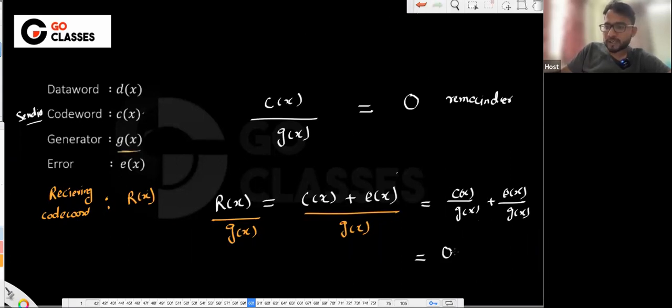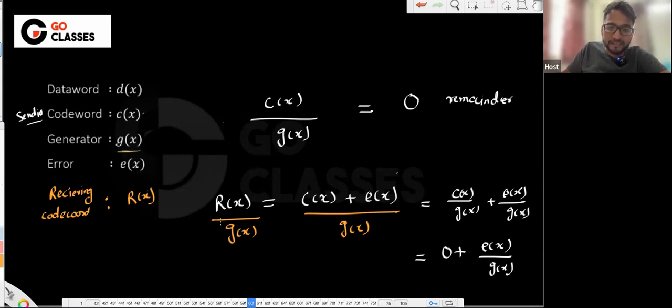So basically it is 0 plus Ex upon Gx. Is this 0? It may not be, right? If there is no error, if E is 0, then yes, it is 0. If there is some E, it depends on E. Maybe there is some E which this Gx can divide, then also it is 0.